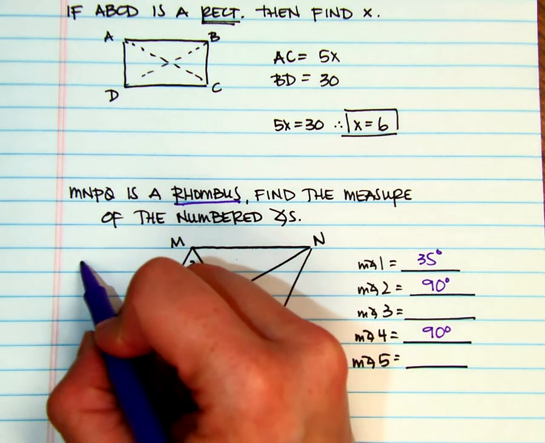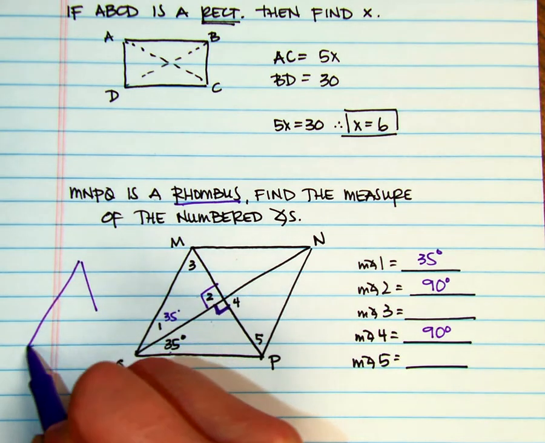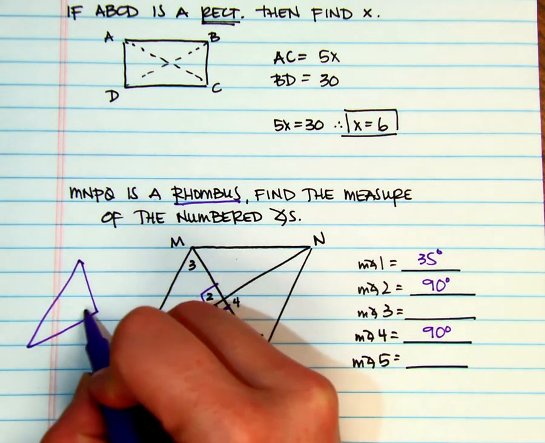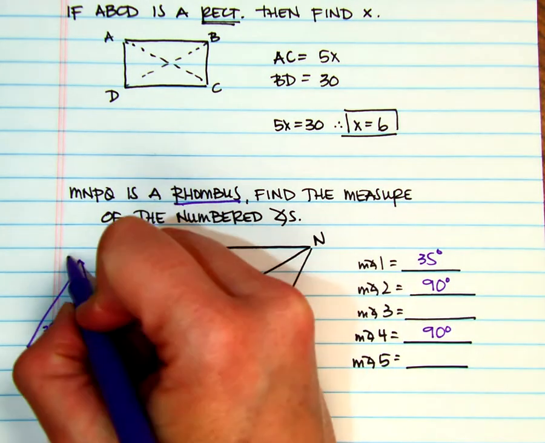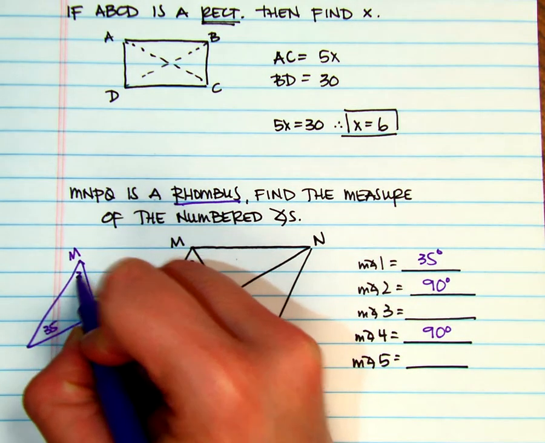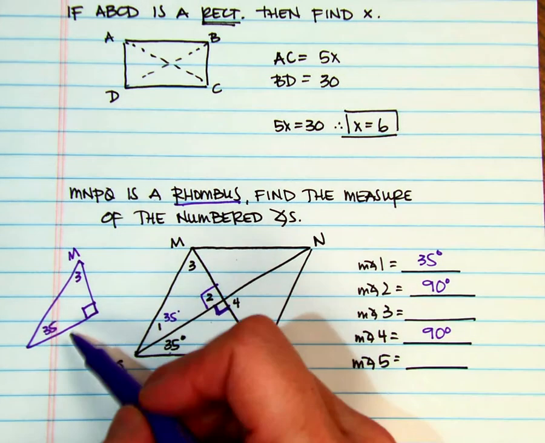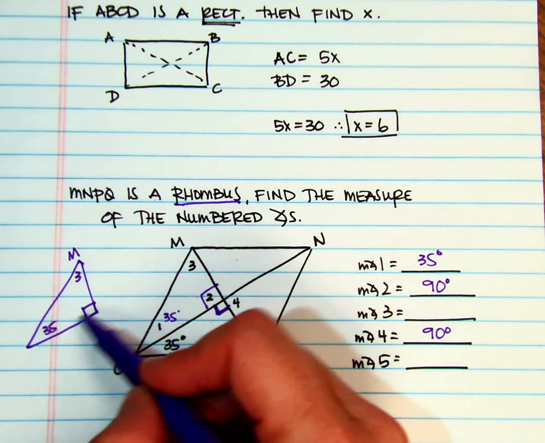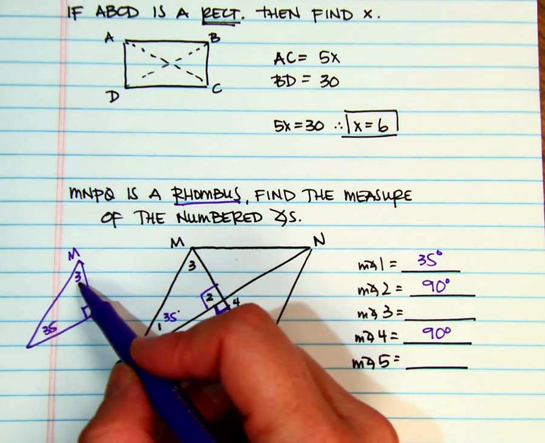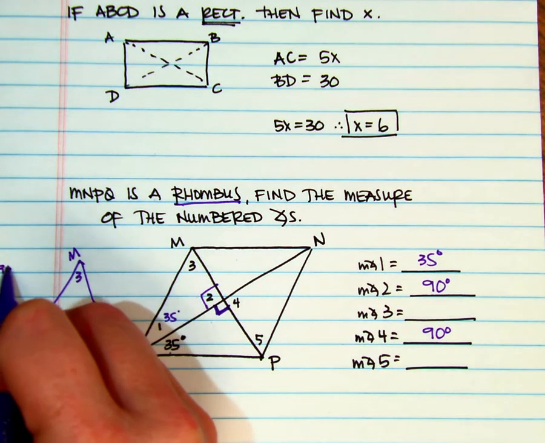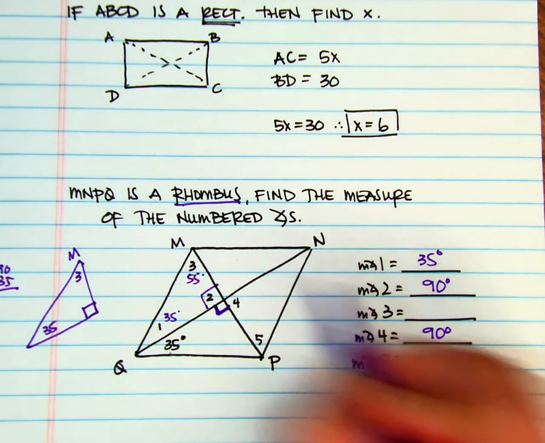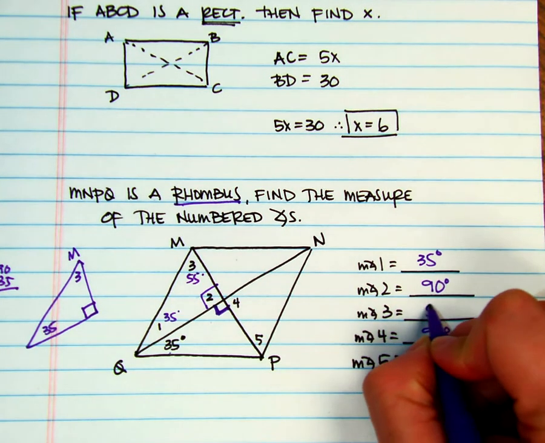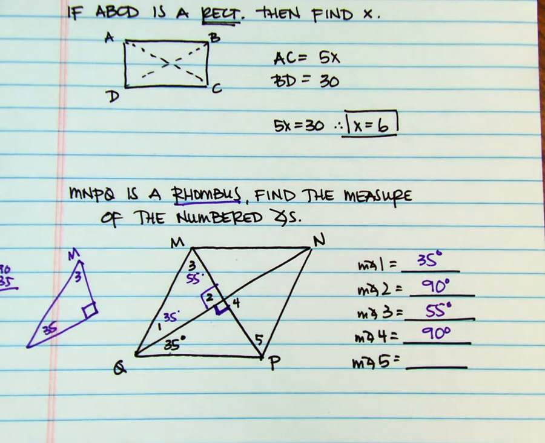So I'm just going to kind of pull this triangle out so you can see what I'm looking at. Here's my right angle, here's my 35, here would be angle M with that little 3 in there. Remember, these have to add up to 180, so if this is 35, then this is going to be 90 minus 35, which gives me 55 degrees. So 3 would have to be 55 degrees.